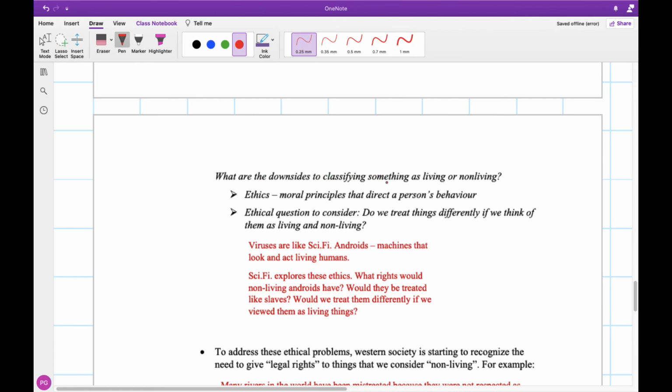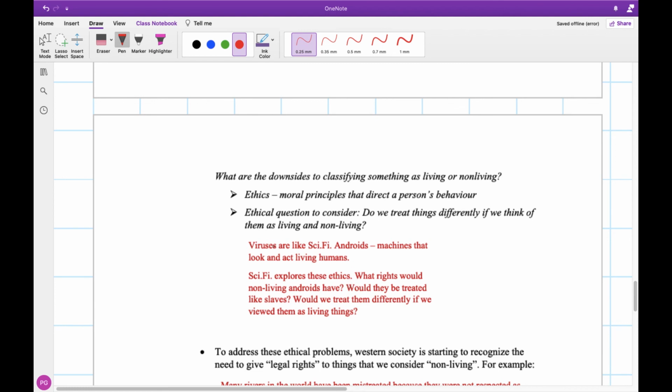However, some of the downsides to classifying things as living or non-living come in ethical questions. If we don't consider something as living, do we have to protect it? This can guide how a person behaves. Do we treat things differently if we think of them as living and non-living? And generally we do. And this is something that's explored not only in the world we live in, but in literature and fiction.